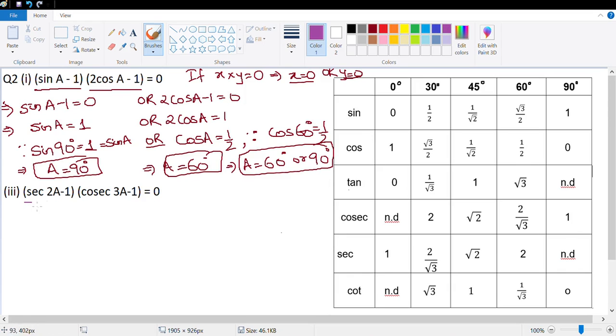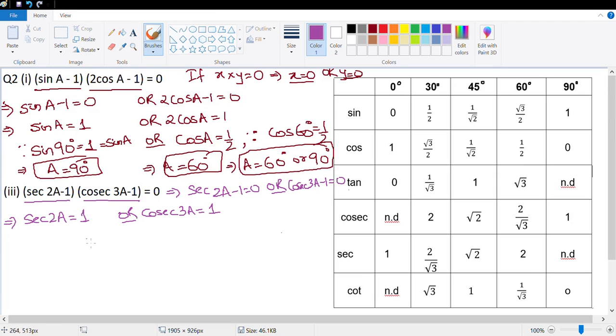Similarly, we'll divide this into two parts. What this means is sec 2a minus 1 is equal to 0 or cosec 3a minus 1 is equal to 0. The first part becomes sec 2a is equal to 1, or the second part becomes cosec 3a is equal to 1.